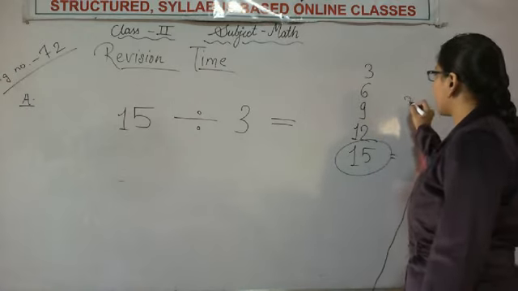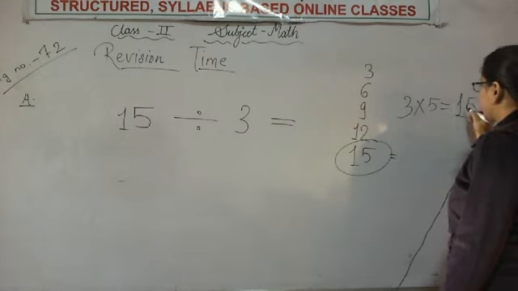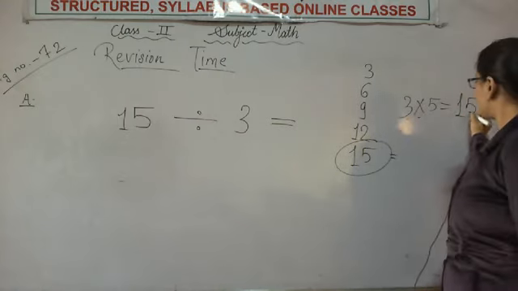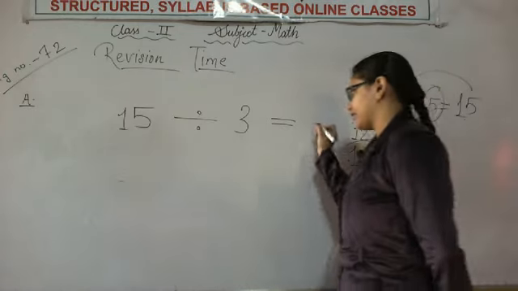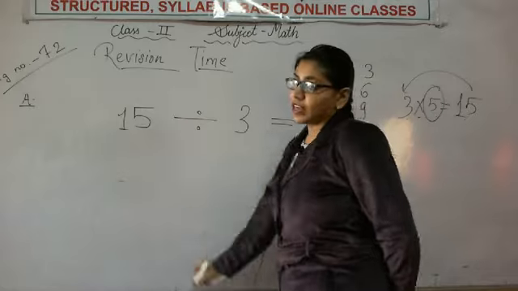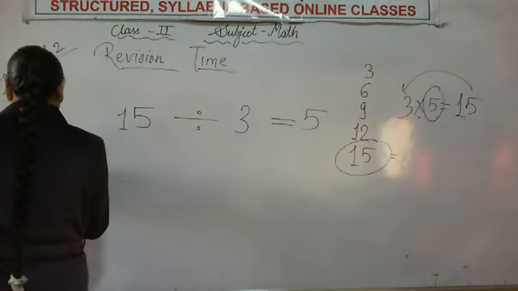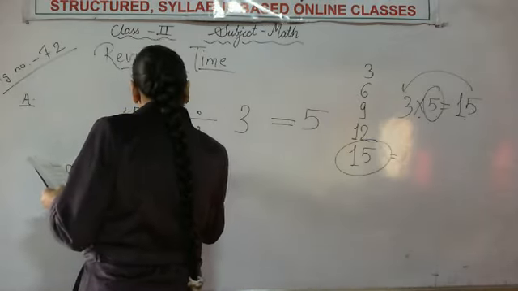In how many times did we get it? 3 5s are 15. So 3 into 5 is equal to 15. So 15 divided by 3 will be equal to 5. So let's check the options. Option A is 4. Option B is 5.